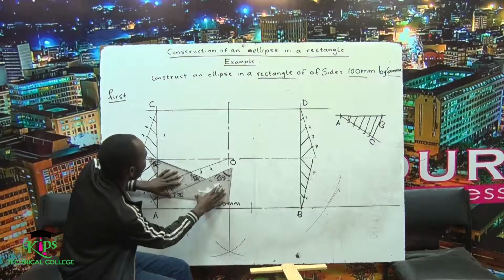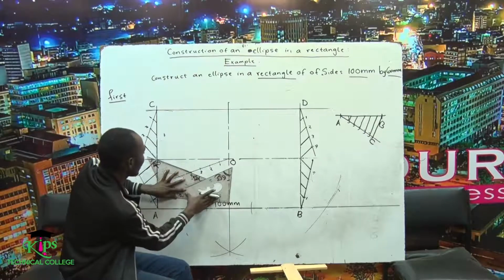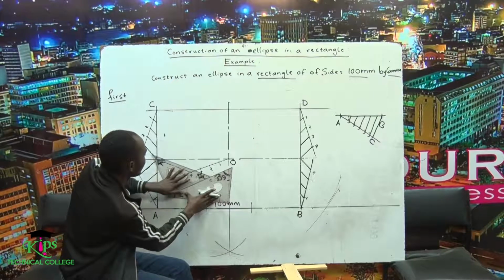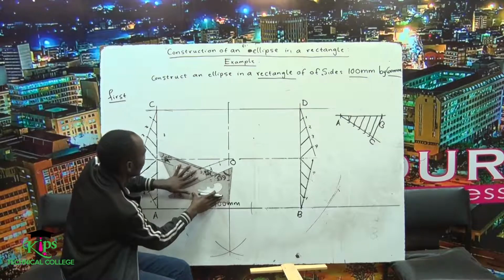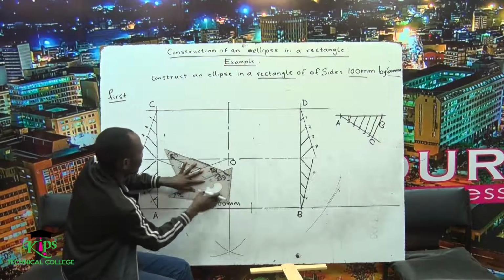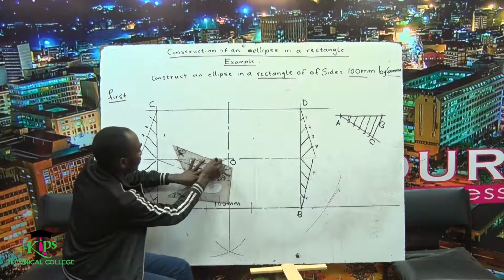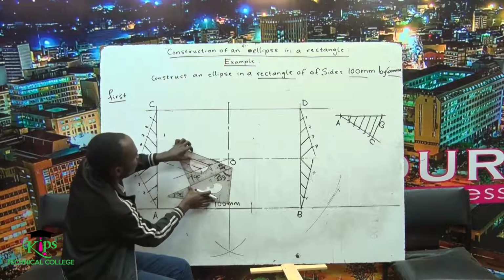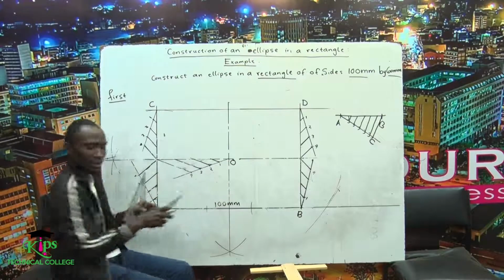You can see that my set squares are parallel to this line. Then now I will slide to point 3. Again slide. Like that.